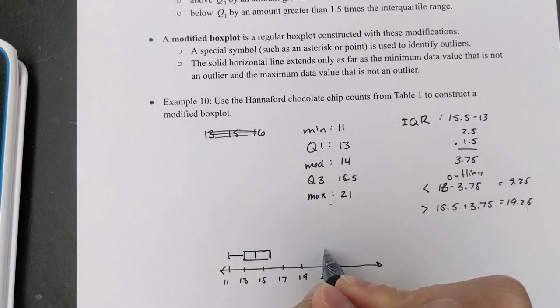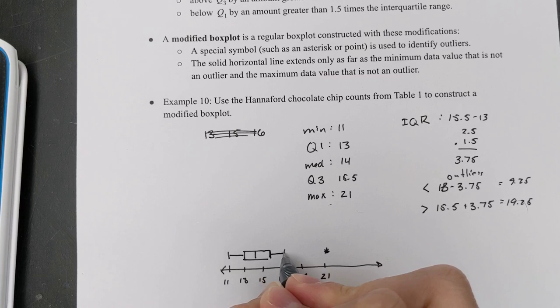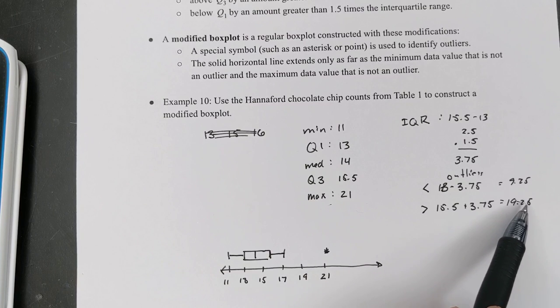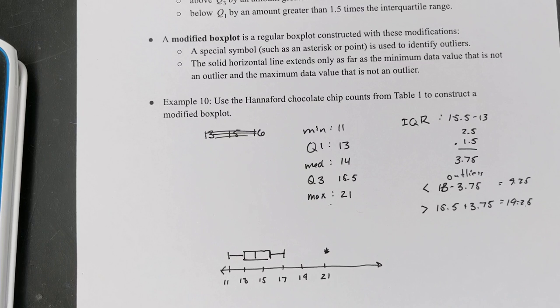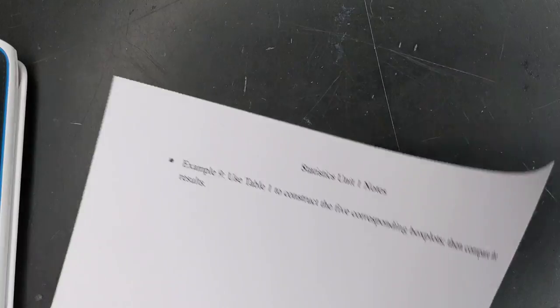Now 21 isn't my maximum, so I'm just going to put an asterisk there. And if I go back to my list, 17 is the next biggest number if I throw out 21. So my graph is actually going to look like that. 17 becomes the new maximum because I had to throw out my old maximum. And you keep throwing out maximums until you get one that's less than 19.25, because that's the biggest value you're allowed before it counts as an outlier. All right, so that wraps up, I believe, the last section.